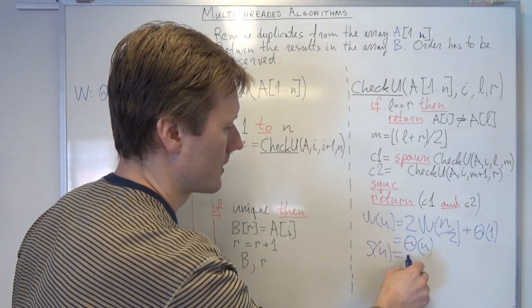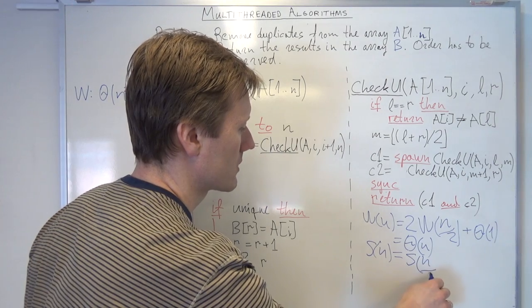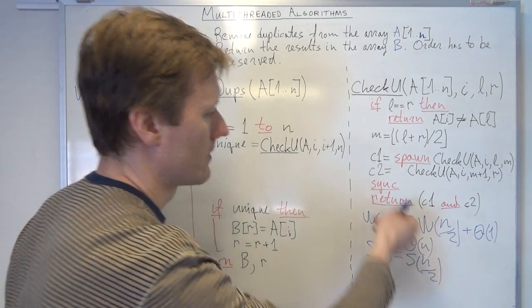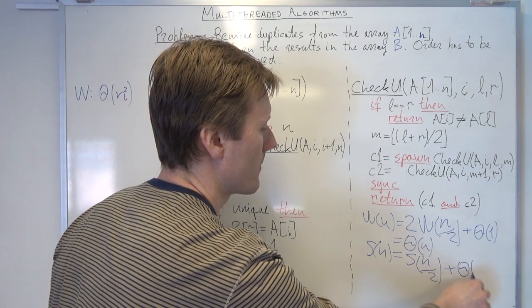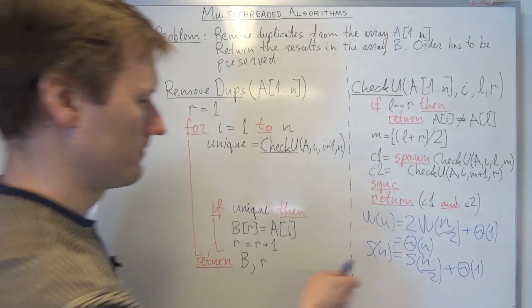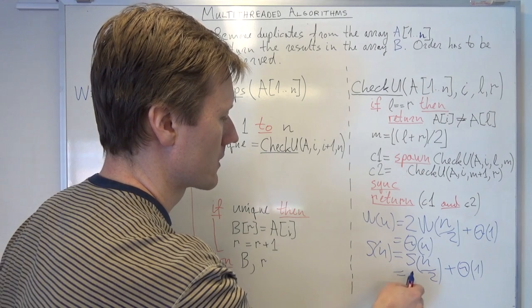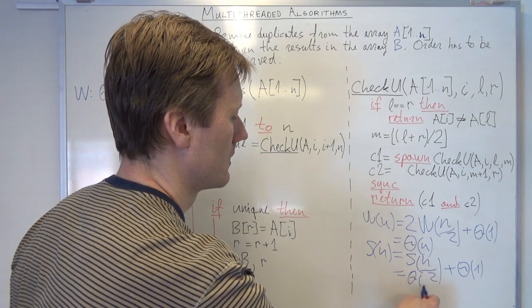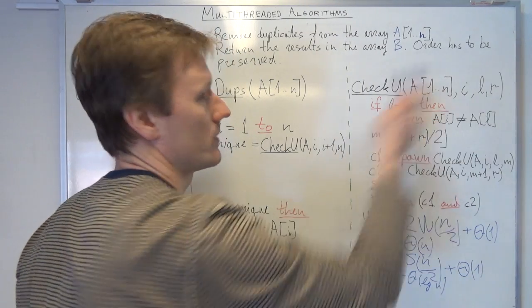So the span is just the span of one of the calls, plus some constant span. When you solve this recurrence, the span is log of n, where n is the difference between L and R.